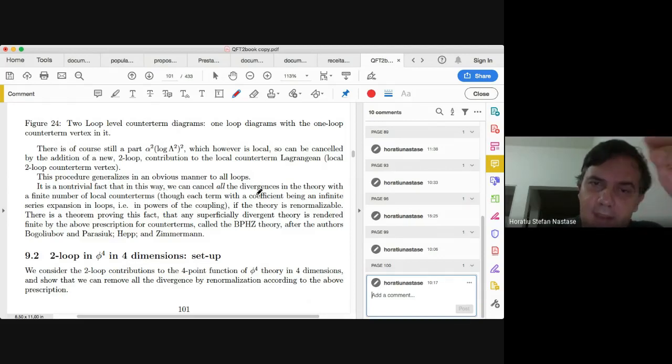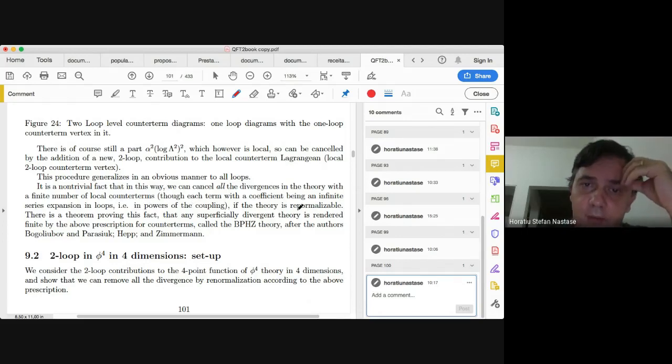So that means that the counterterms, A, B, C, and Z, the way we defined it before for phi to the 4, as I wrote there, have an infinite expansion in powers of the coupling, that is, in loops.